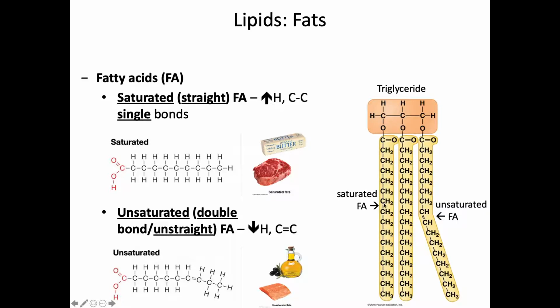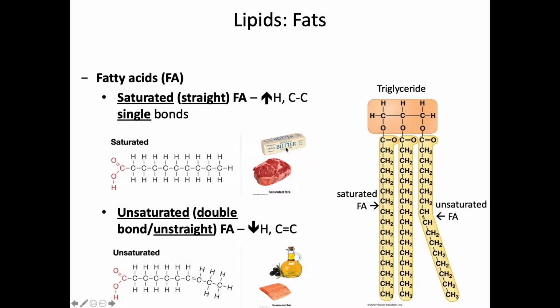It means that these 2 carbons are sharing only 2 electrons. And then when you have these single bonds, it makes these fatty acid tails straight. And when you have straight fatty acid tails, and you put them together, you're able to pack them in tightly.